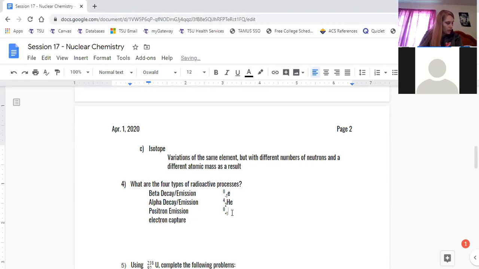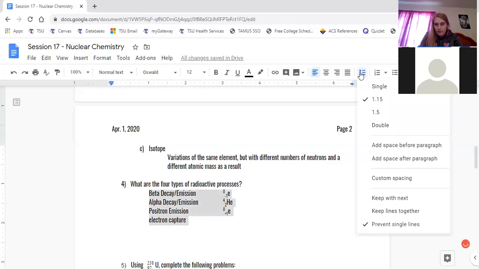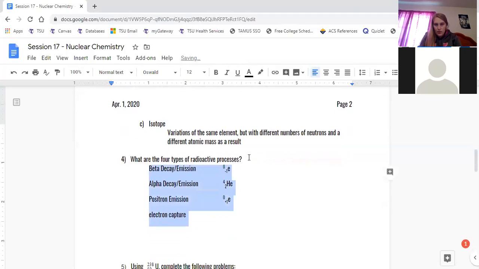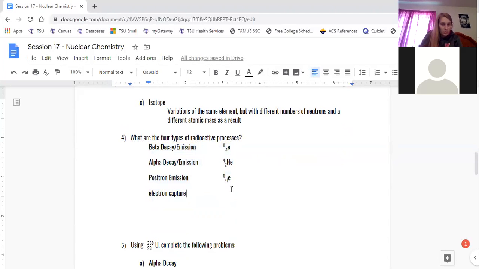Okay, and that's also here. Let me spread these out some. There we go, it's more readable. So our electron capture is also going to look just like this, but it's going to gain 1 instead of losing 1.